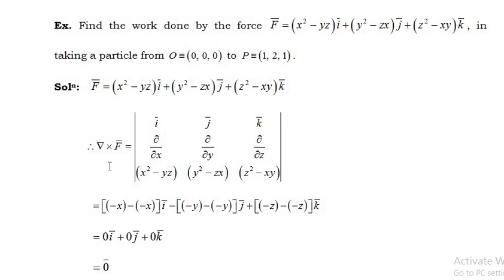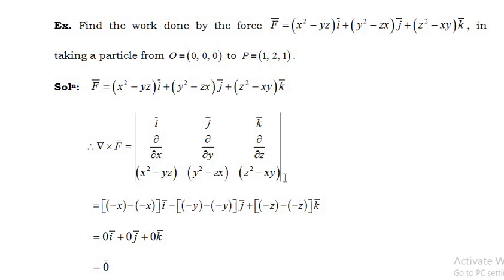For the same, let us try to find out curl of F bar. Curl of F bar equal to the 3 by 3 determinant, first row i, j, k. Second row will be the components of del, delta by delta x, delta by delta y, delta by delta z.